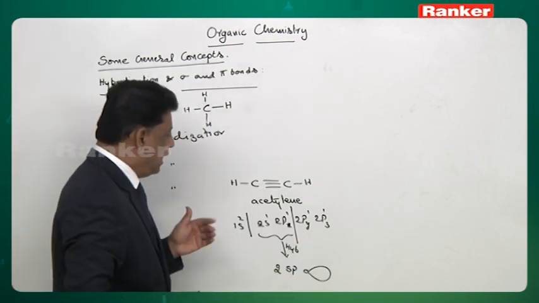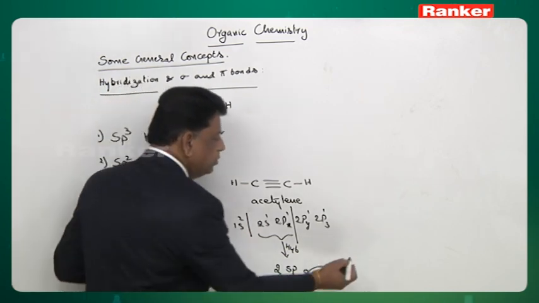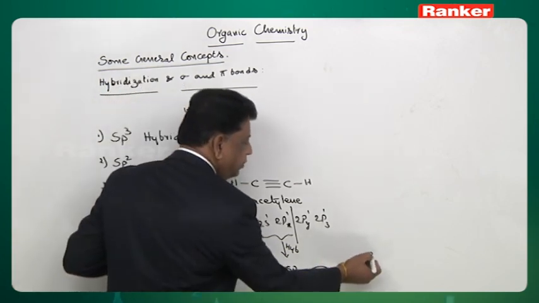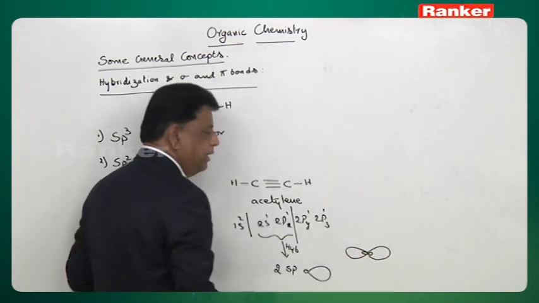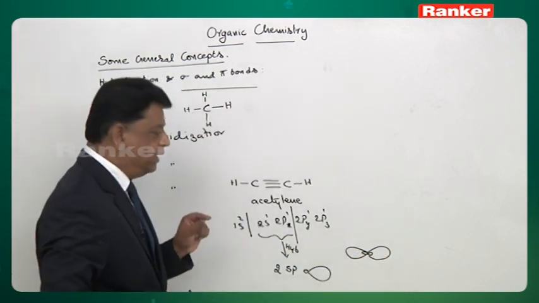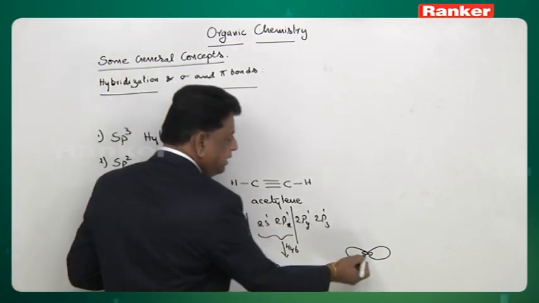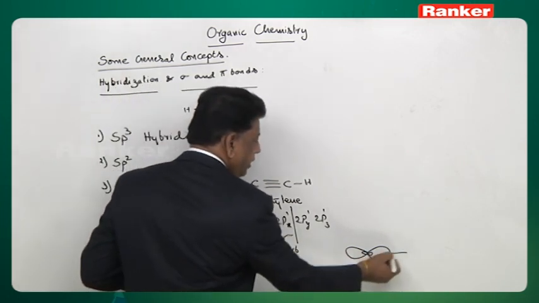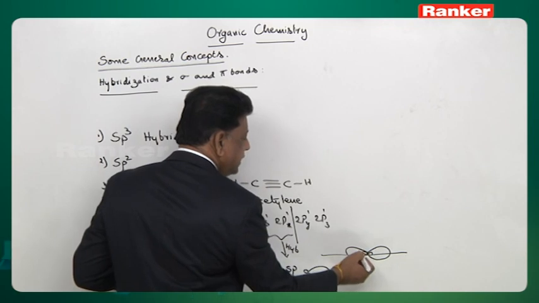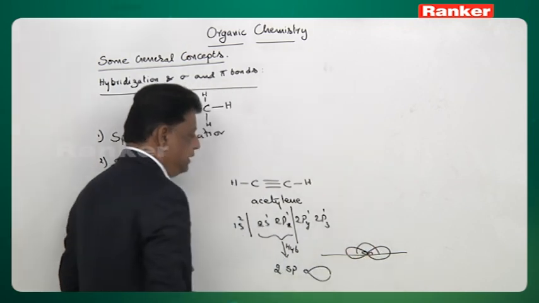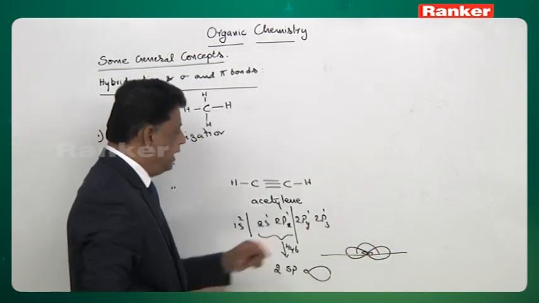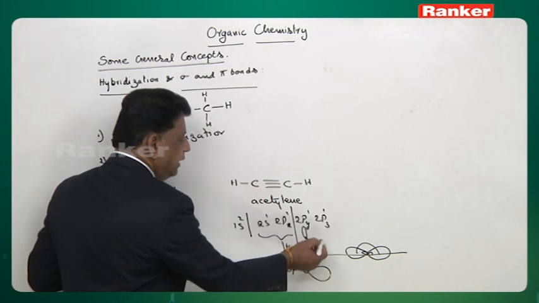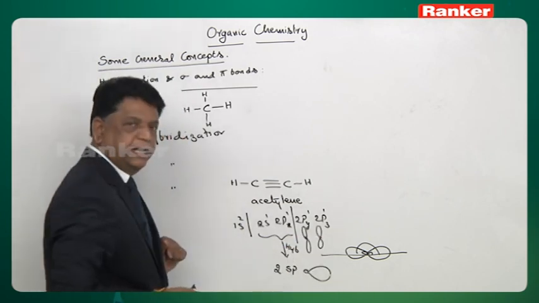And how does that carbon look after the hybridization? A carbon with 2 sp hybrid orbitals, each a dumbbell, facing opposite to each other, making a linear structure with 180-degree separation. What about the unhybridized orbitals? They will not mix with the s orbital.